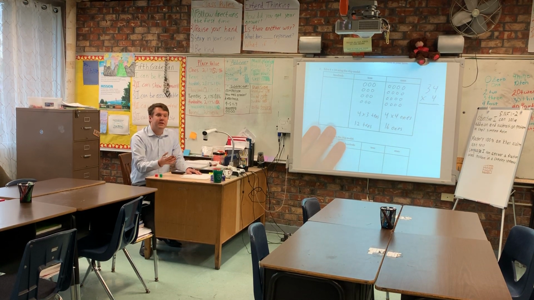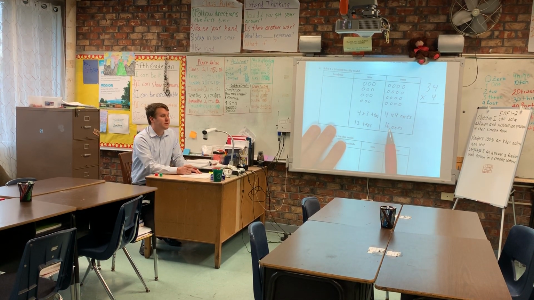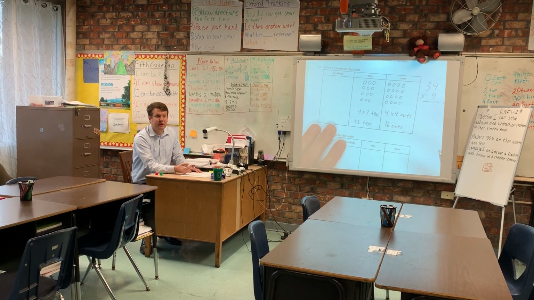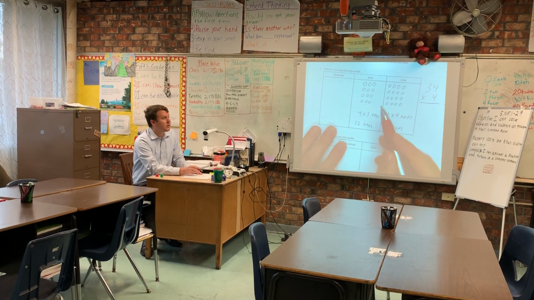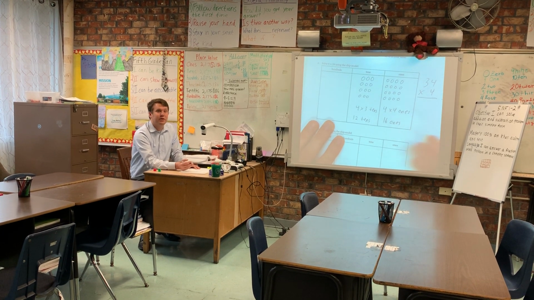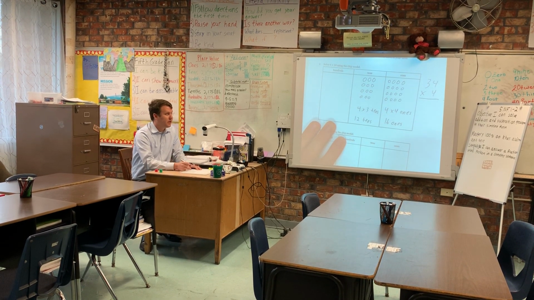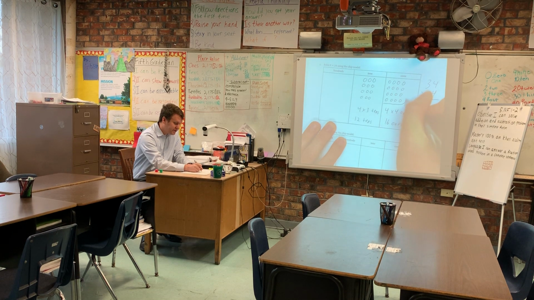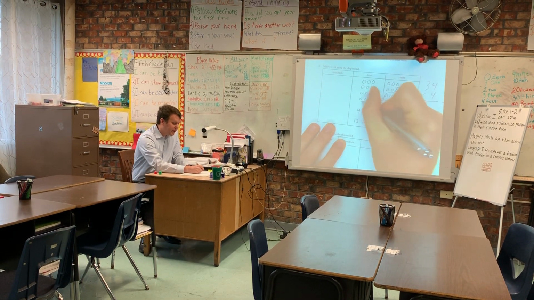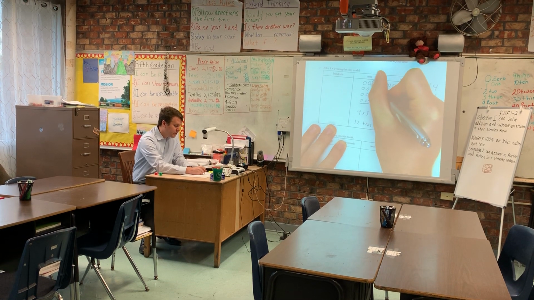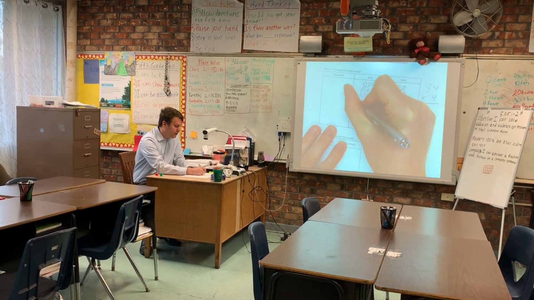And the beauty of Eureka is that they've been working with chip models or similar things with regrouping in the past. So this should be familiar enough for them to say, oh, look, I have more than 10 in a single place. I need to regroup that into a larger place, right? My 10 ones here are going to regroup into 1 ten. And my 10 tens will regroup into 1 hundred.